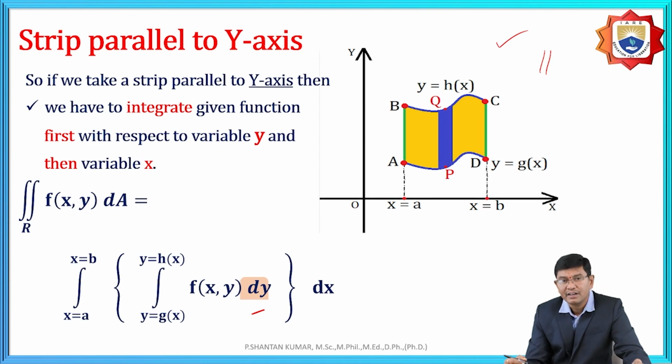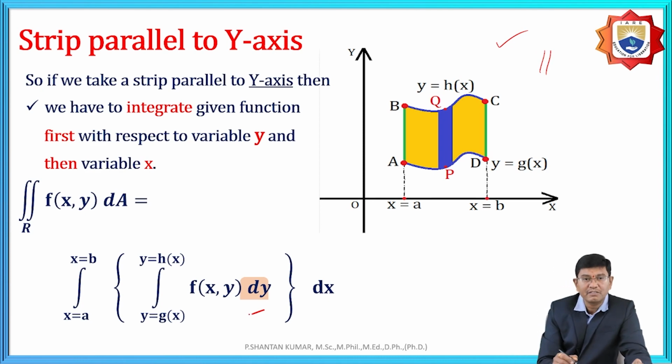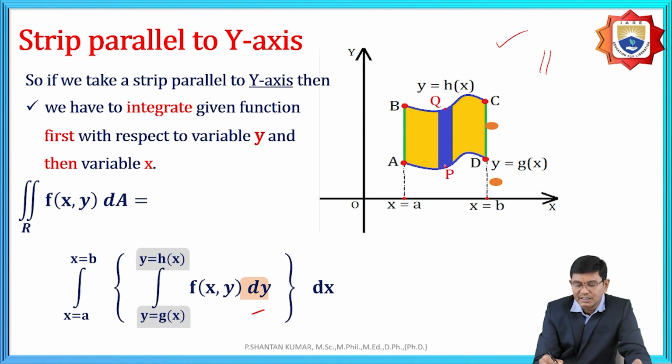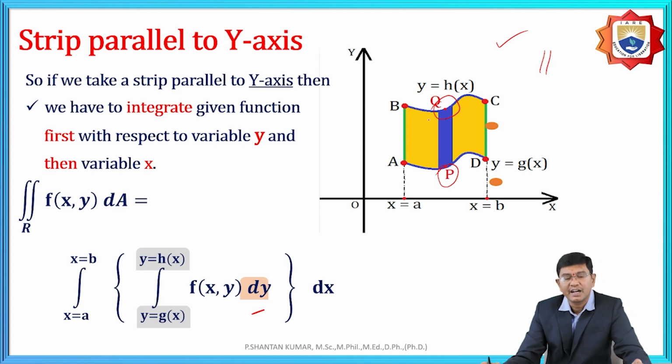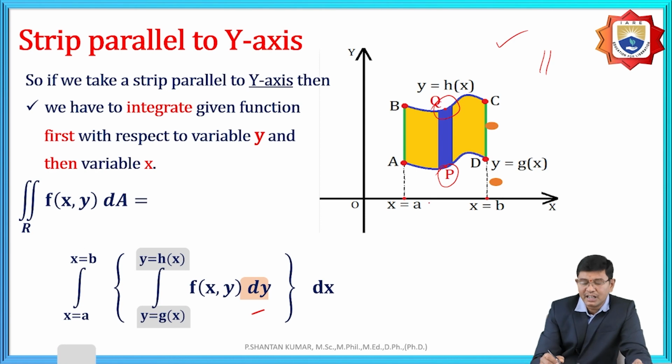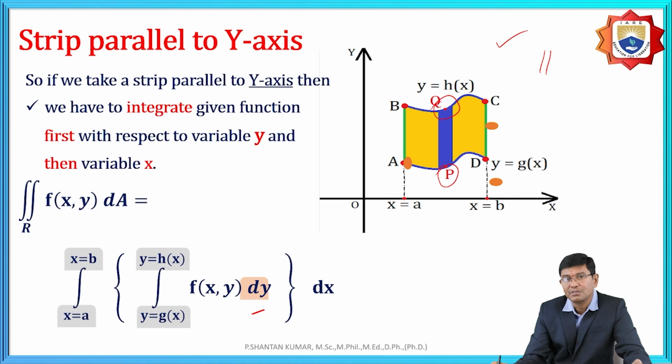Integrating with respect to y, the inner limit is p, as located in the diagram, and the upper limit is q, according to the condition. The x limits are clearly shown: x equals a as the lower limit and x equals b as the upper limit.